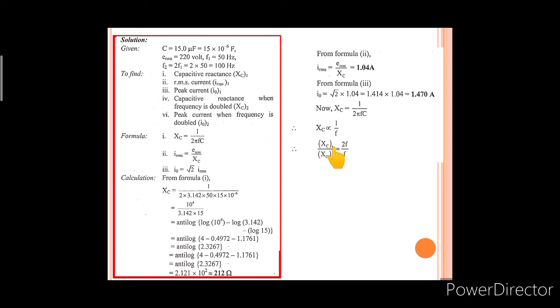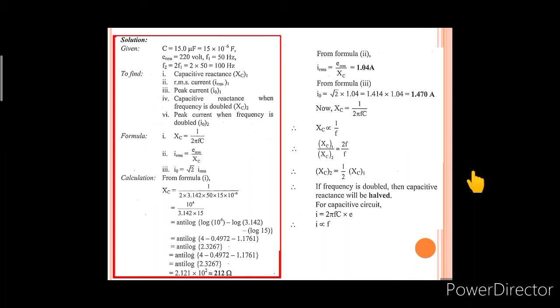So Xc1 upon Xc2 is 2f upon f, and f gets cancelled. So we can say that Xc2 is nothing but half of Xc1. If the frequency is doubled, then the capacitive reactance becomes halved.